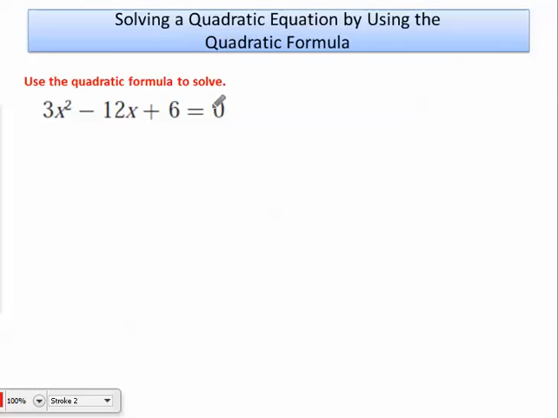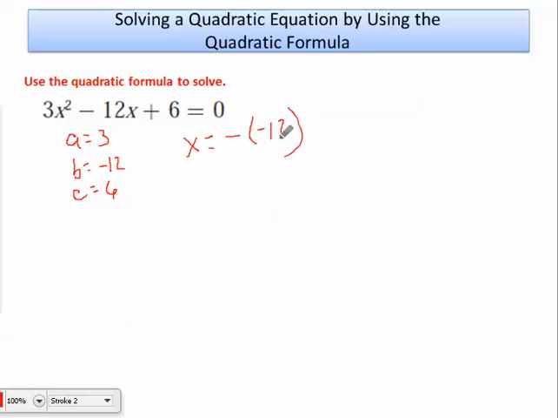So they're going to give us some problems here. If you look at this, write down, first thing, A equals 3, B equals negative 12, C equals 6. So let's use the quadratic formula in this situation. X is equal to negative 12.